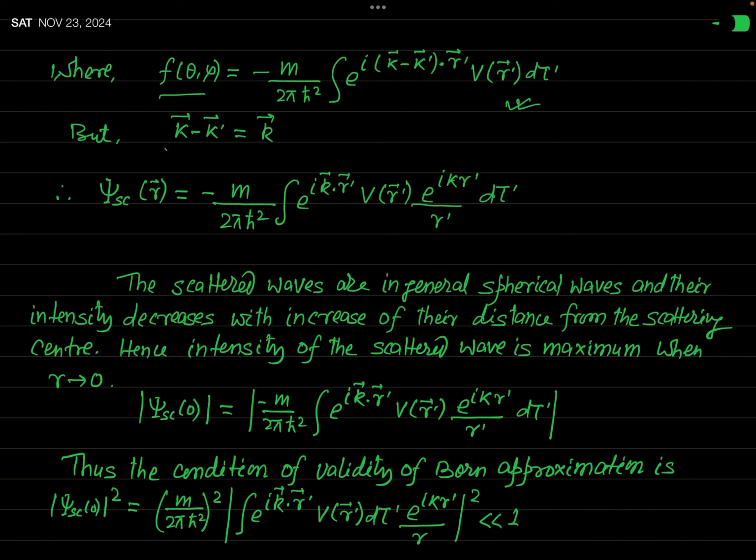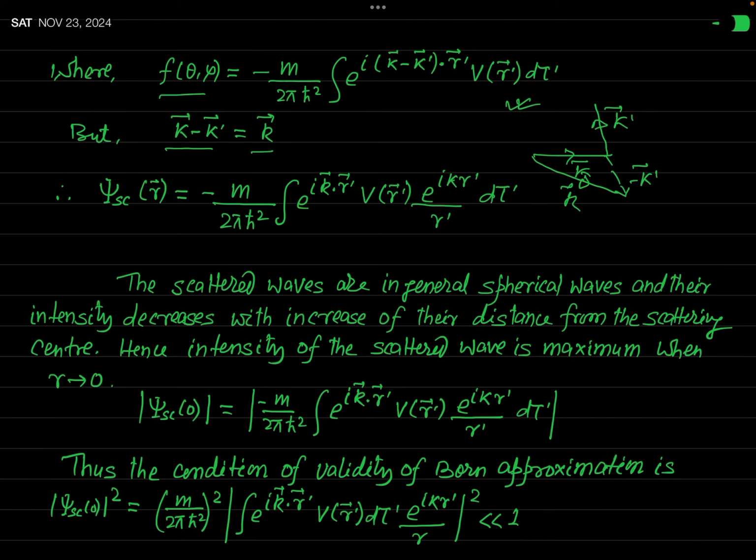Now let us put k minus k dash equal to kappa. k is the wave vector of the incident wave, and k dash is the wave vector of the scattered wave. If you take this direction as minus k dash, then k minus k dash will be equal to kappa.